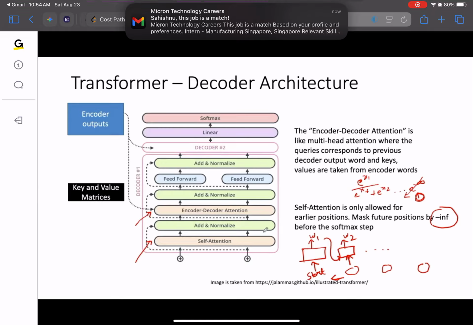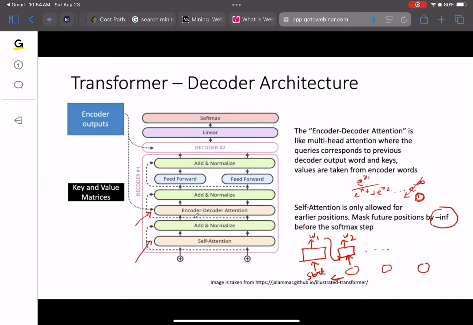Now, apart from this self-attention module, the other important module is encoder-decoder attention. It's similar to the self-attention that we saw earlier, except that the encoder-decoder attention is multi-head attention, where the query vectors are with respect to the decoder words, and the key and value vectors come from the encoder.